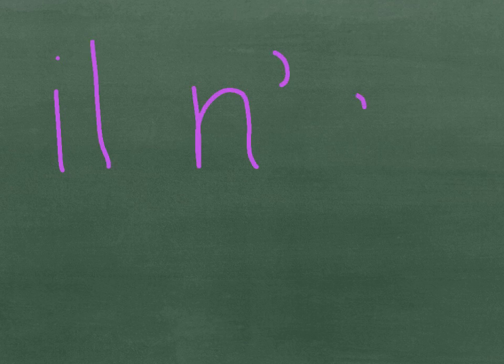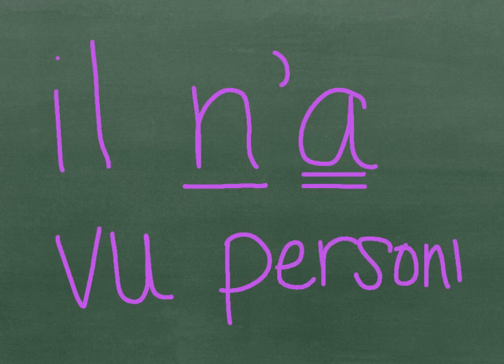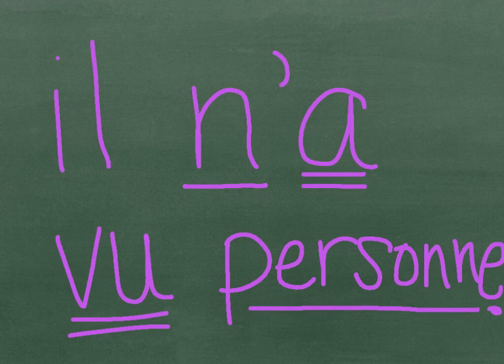Il, an apostrophe, and our form of avoir, but a little different. We're going to put our past participle next, and then personne. Squeeze it in there. So we have il n'a vu personne.